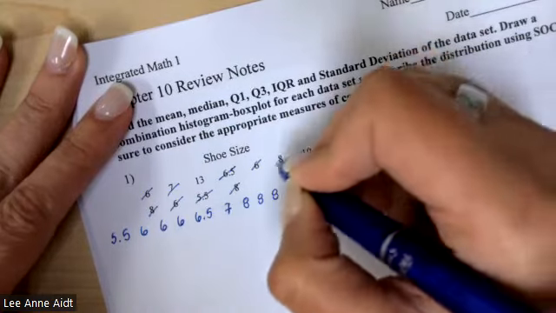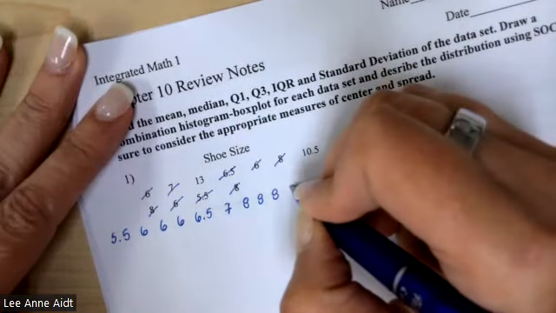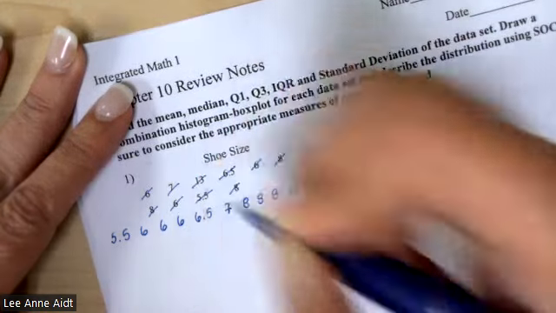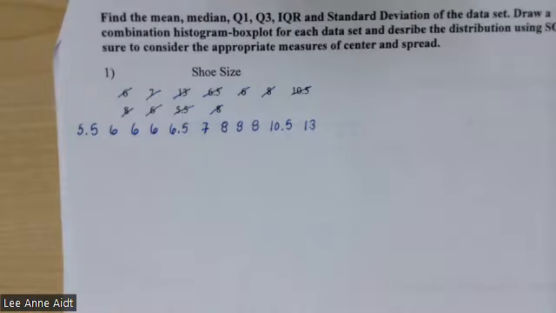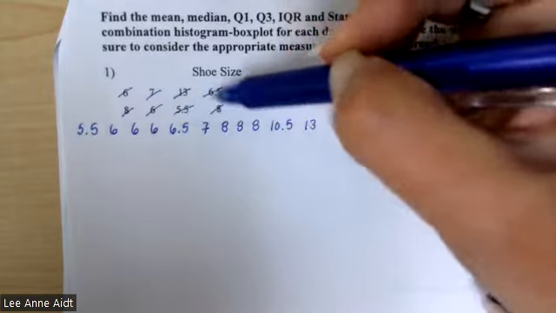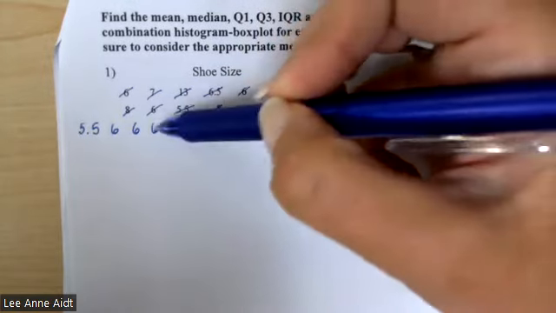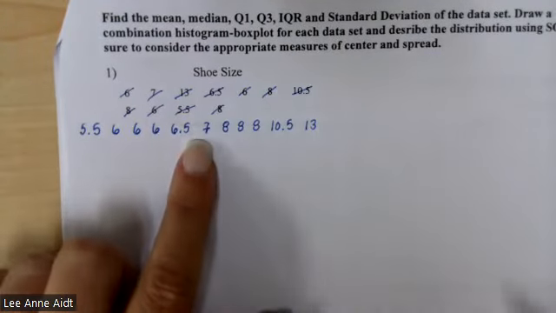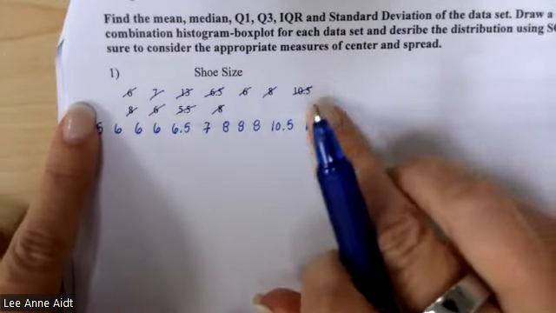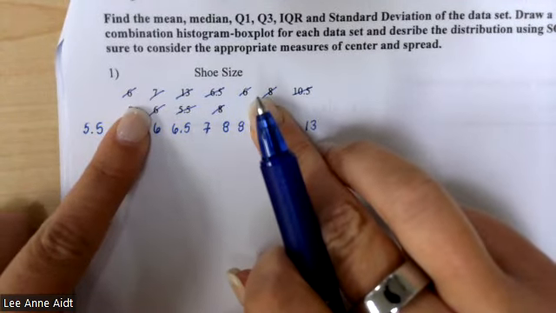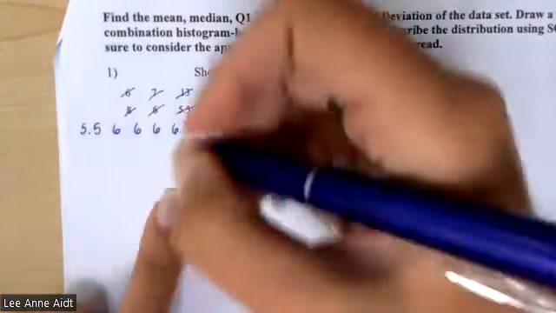That's Mrs. Talbot's shoe size. 10.5. 13. That's Mr. Talbot's shoe size. Did I do it right? Okay. Which number would be the middle number? 7, right?